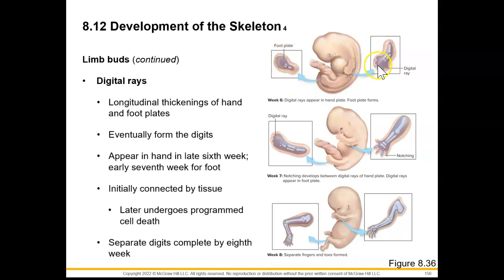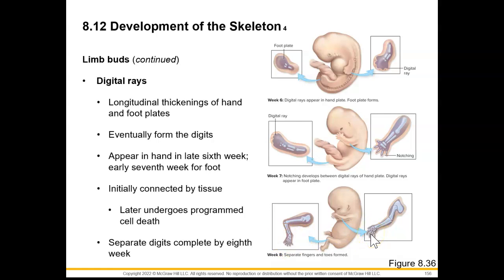We'll see these appearing close to the late 6th week or the early 7th week for the foot. And initially it is connected by tissue, and later it undergoes programmed cell death.